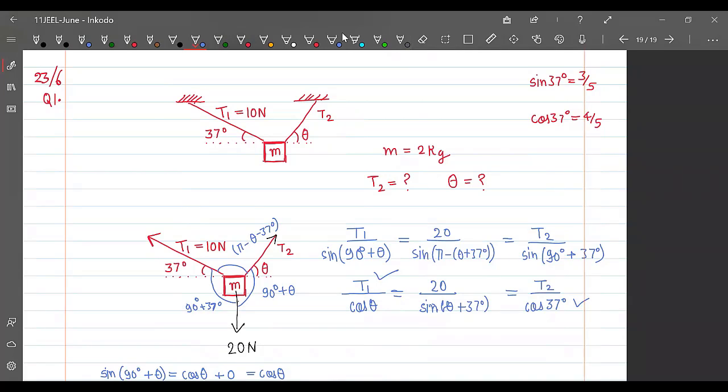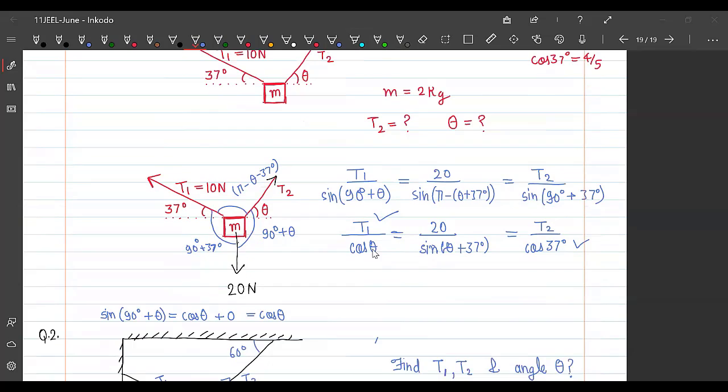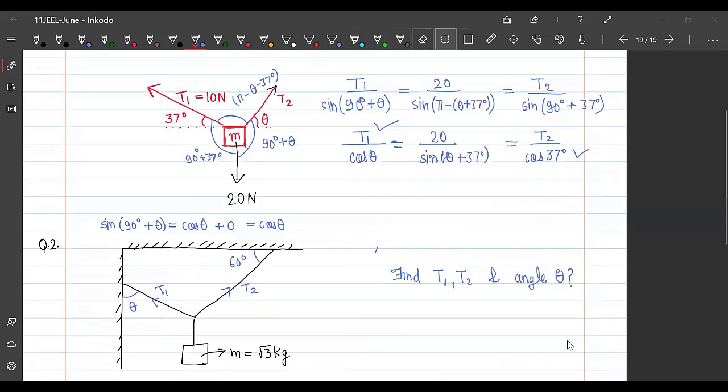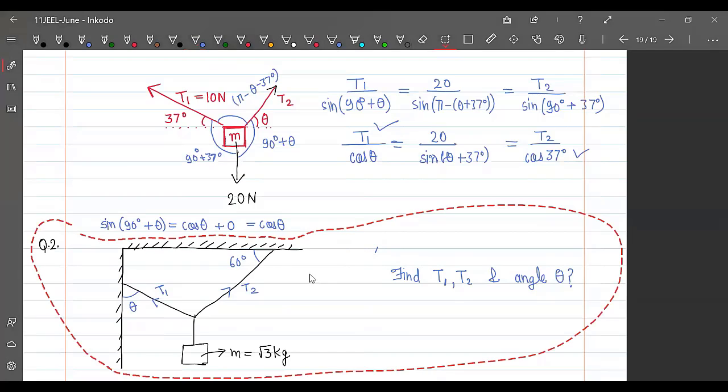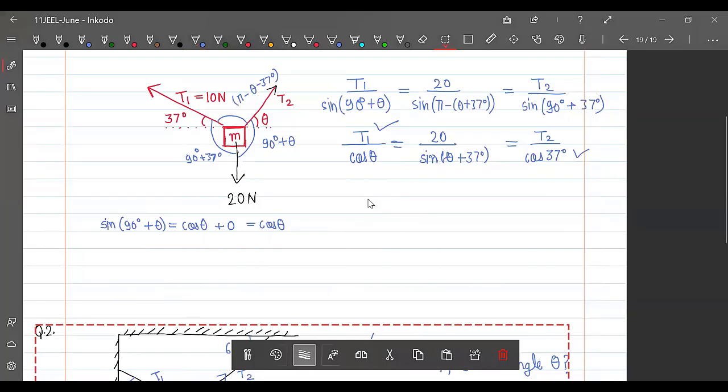T1 की वैल्यू 10 न्यूटन। इसमें थीटा कैसे मिलेगा? T1 is 10.